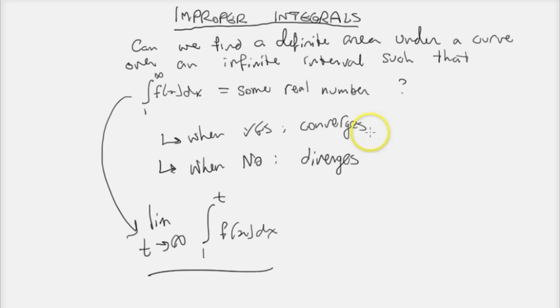When you do get a real number, you say that the integral converges. It converges to an actual value. And when it doesn't, you say that it diverges. Two of the most common examples, a convergent and a divergent infinite integral, are the following.